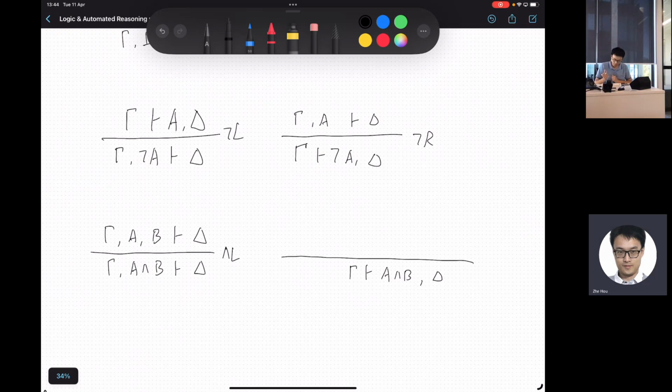Okay, so if you want to show that A and B, this thing, is false, because it's on the right-hand side, then you need to show that A is false, and there's another case of B is false in the refutation. So it splits into two branches. Okay, so that's what happens when you have conjunction on the right.